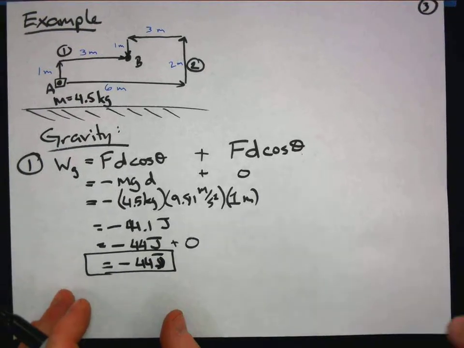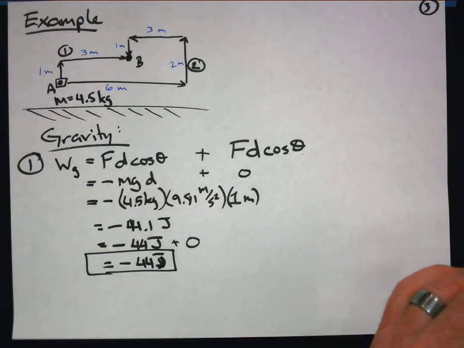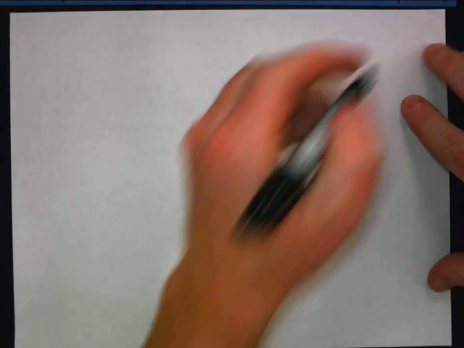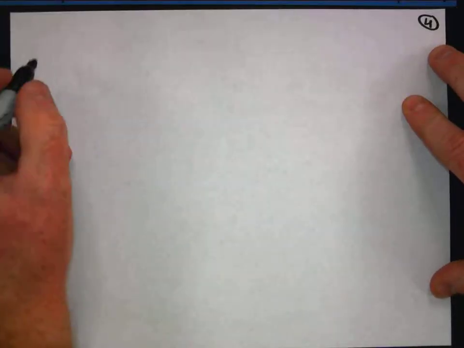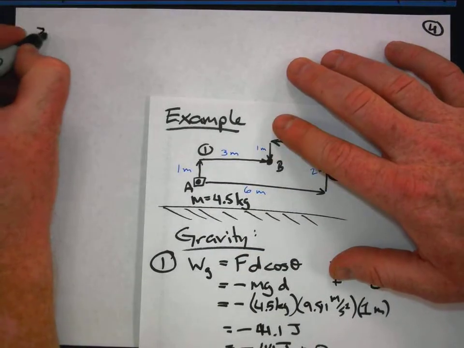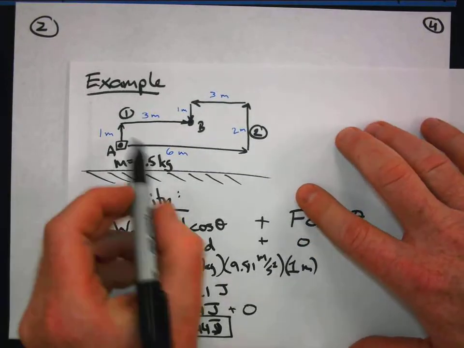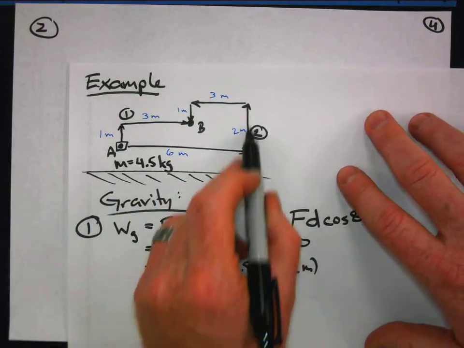What about pathway number 2? Well, across pathway number 2, we have a 6 meter segment, a 2 meter segment, a 3 meter segment, a 1 meter segment.